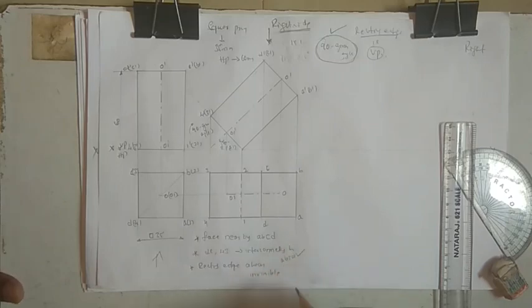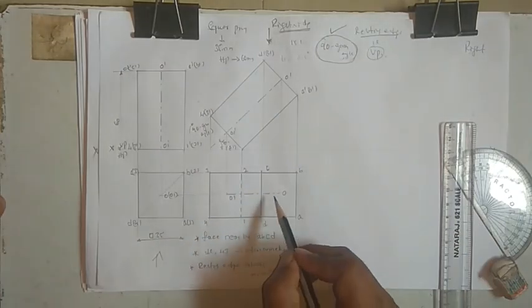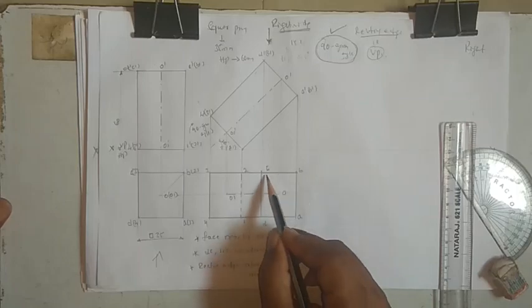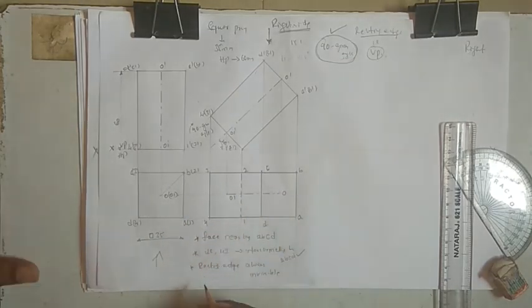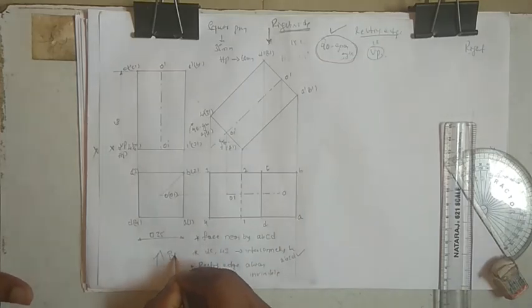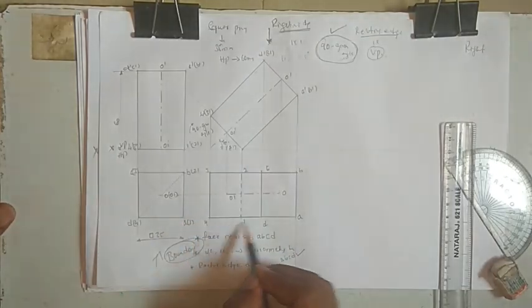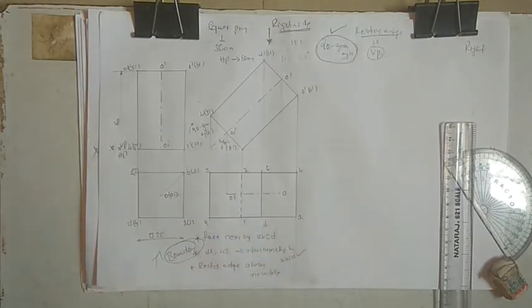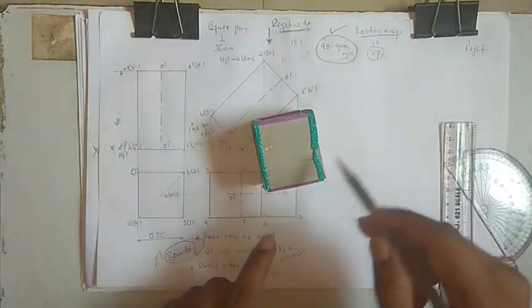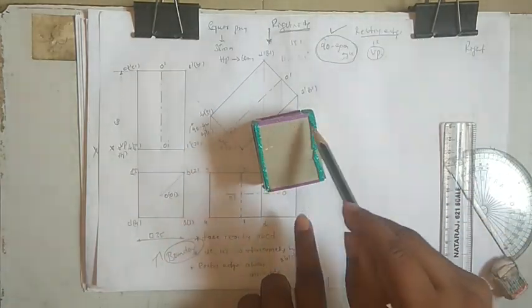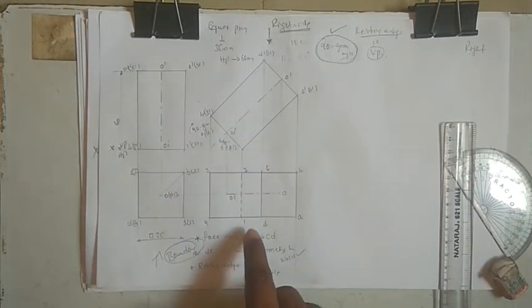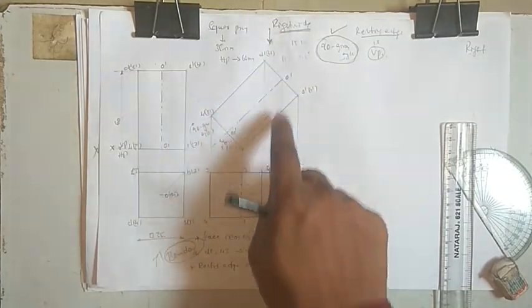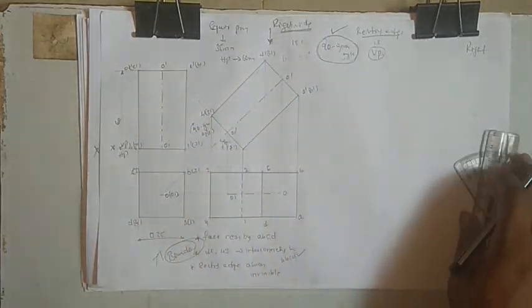If you mark these things, you can do. If not, there is one more method: once you draw ABCD, this is a boundary. Boundary is always visible. Whenever we have any solid, this is the boundary. Irrespective of anything, the boundary will be visible to the observer. If you can understand these three things, then analyzing the solid will be very simple.